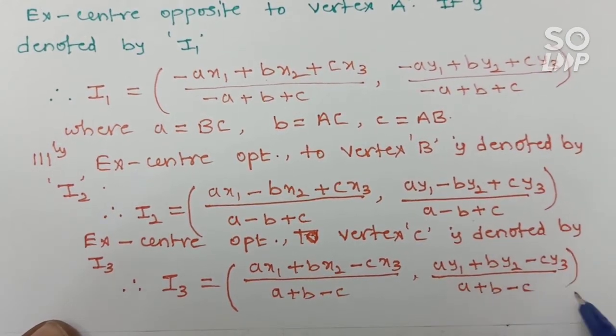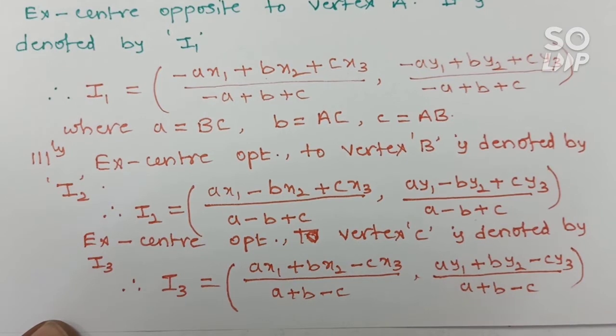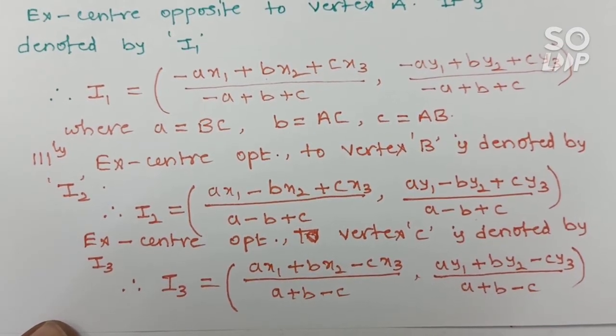So this is the concept of the excenters opposite to the vertices A, B, C, right?